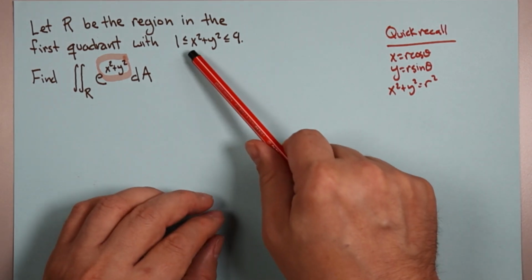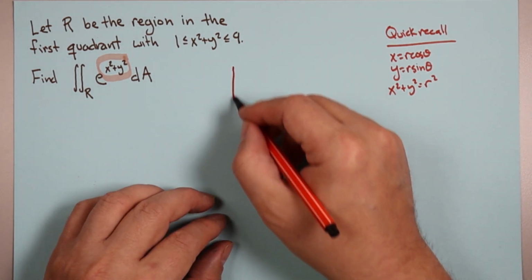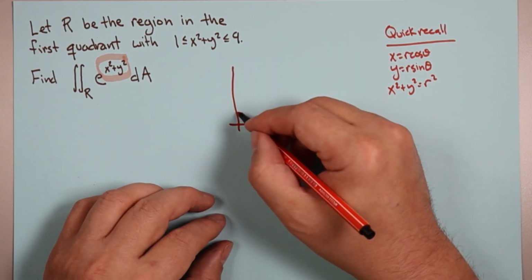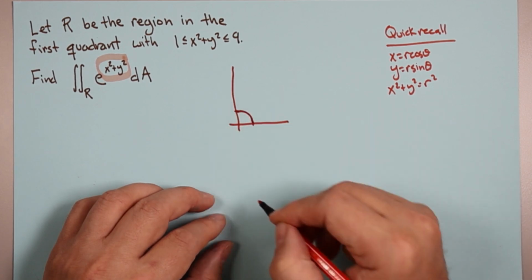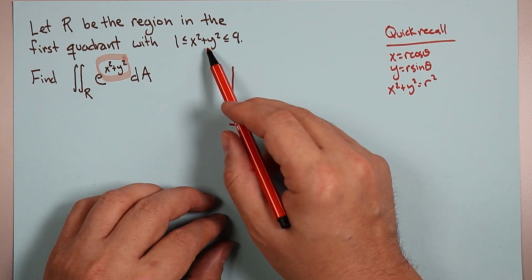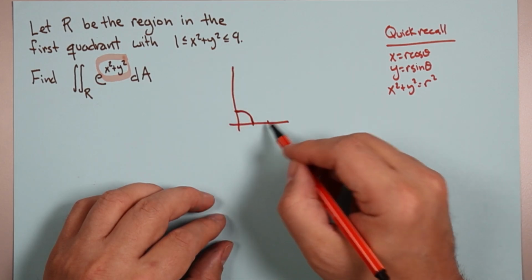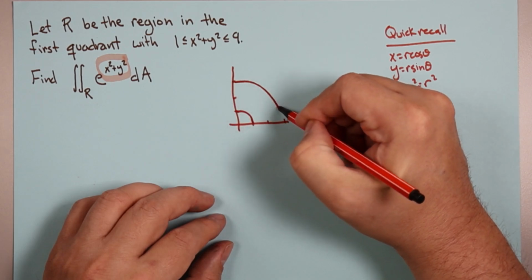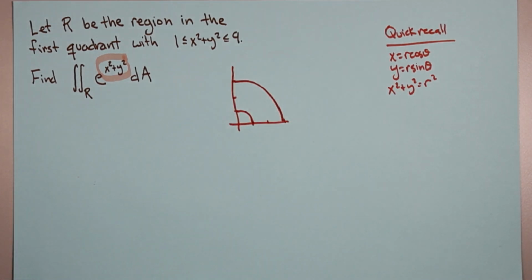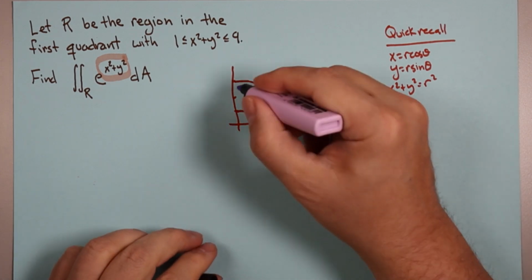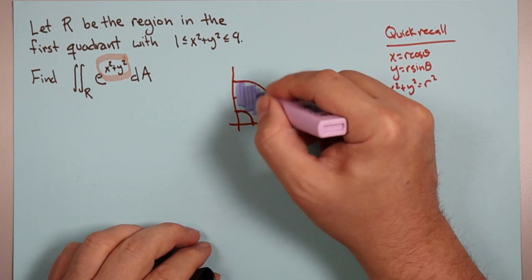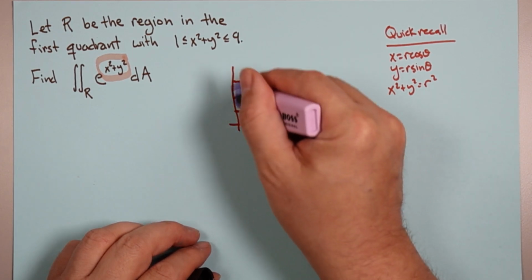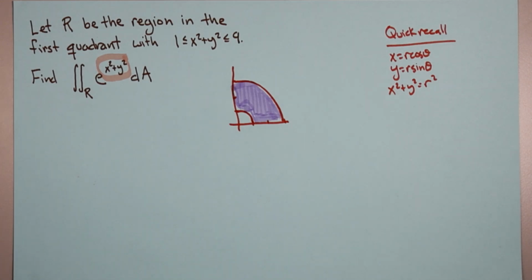And another thing is, look at our region. So what do we have? We're in the first quadrant. x squared plus y squared equals 1. Well, that says we're on the unit circle. So that's our lower bound. x squared plus y squared equals 9. Well, that's a circle of radius 3. All right, so that's this part. And so we're in between. Now, if you look at this, that would be a headache to do in rectangular coordinates. But in a system that loves circles, this would be very convenient.